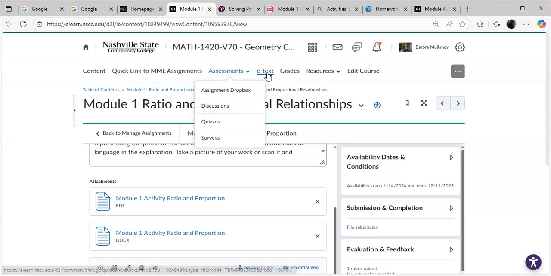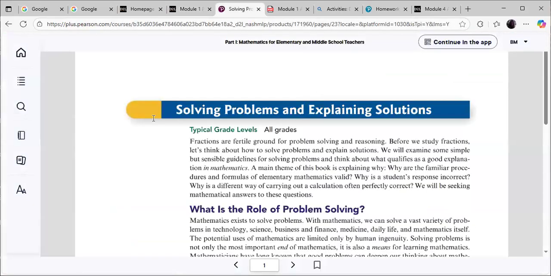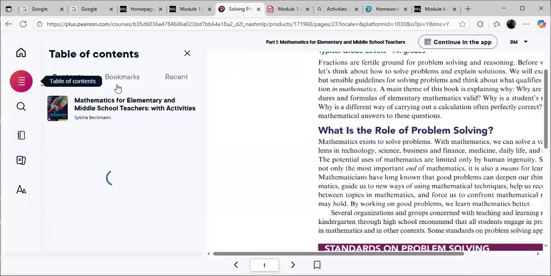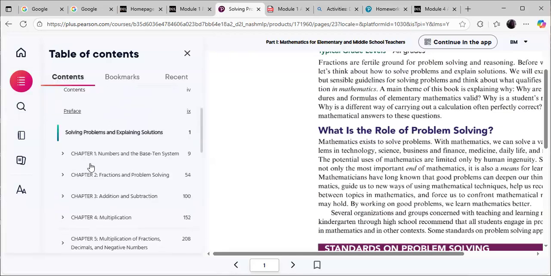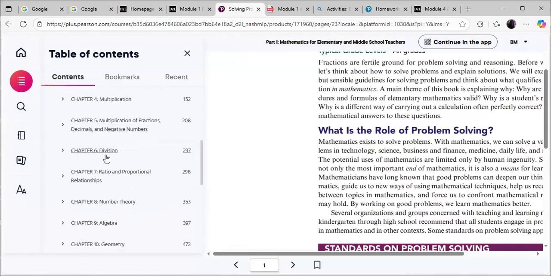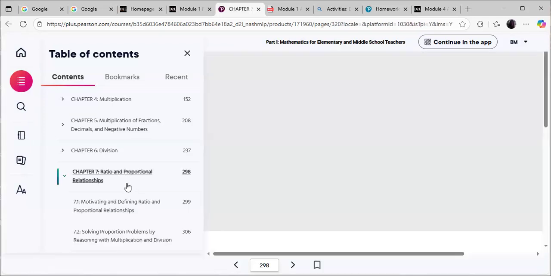So in the e-text right there, you can open up in a separate browser, go over to the table of contents, which I think you should be good at this point, and go to chapter 7.